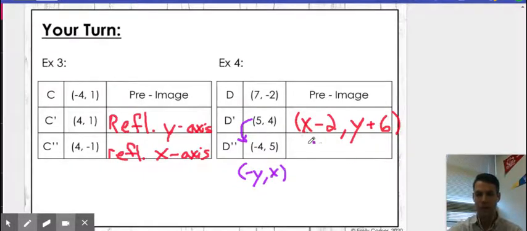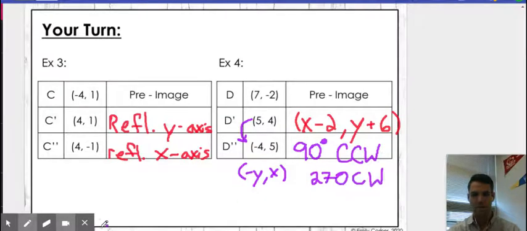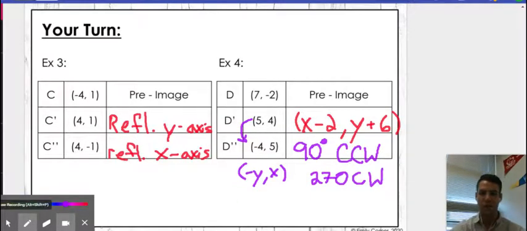So there are two options here. This is either a 90-degree rotation counterclockwise, or it could be 270 degrees in the other direction, clockwise. And so that finishes up number 4 for these problems.